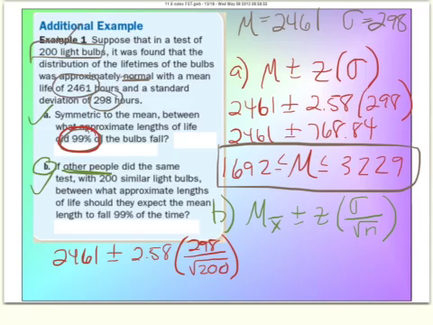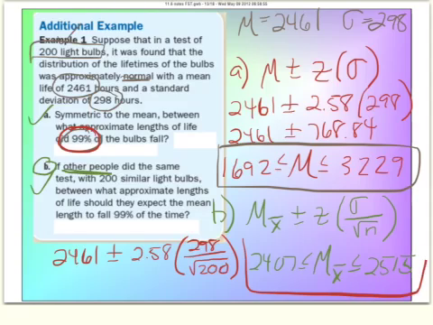If you crunch this out, what you're going to get is the average mean of all the samples is going to fall between 2407 and 2515. So the average length of a light bulb of all these samples, you're going to notice is quite a difference in terms of the results.